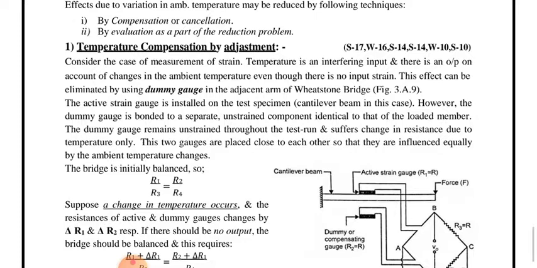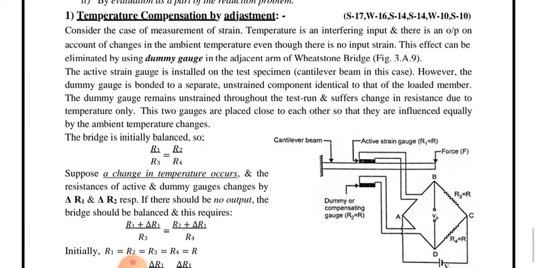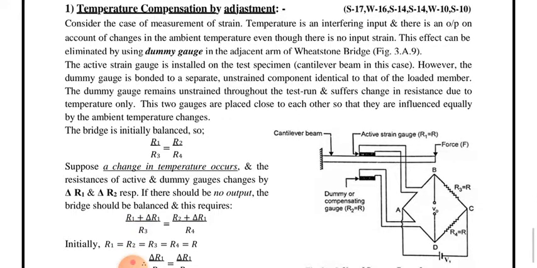These two gauges are placed close to each other so that they are influenced equally by the ambient temperature change. The bridge is initially balanced, so R1 upon R3 equals R2 upon R4. It means the bridge remains balanced if temperature compensation is there.